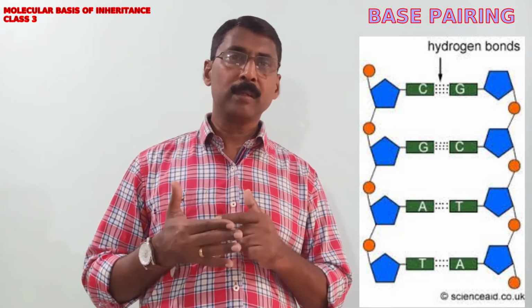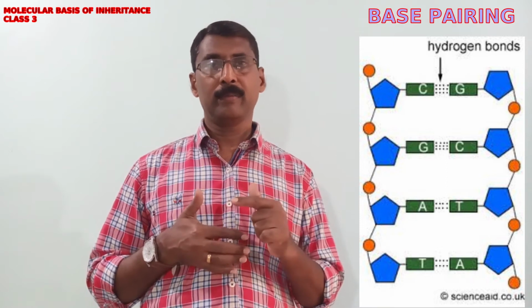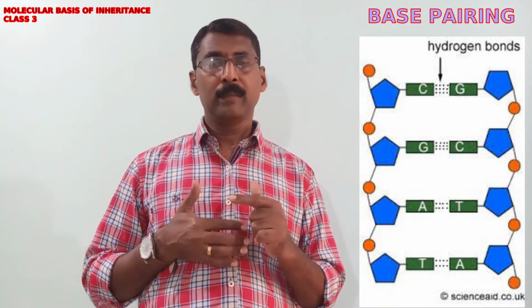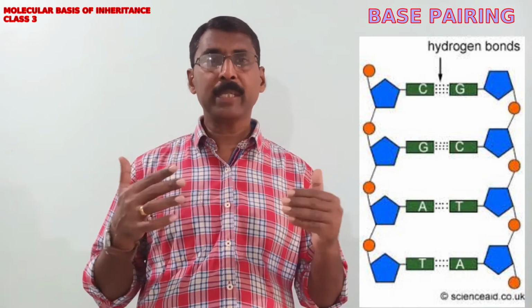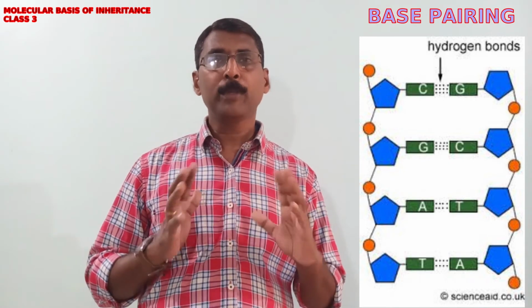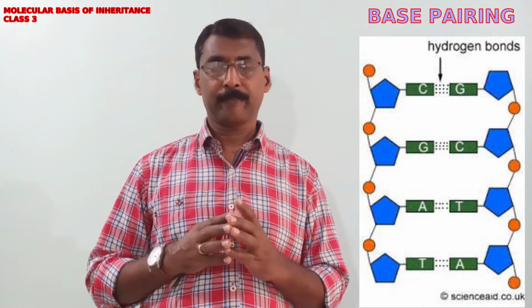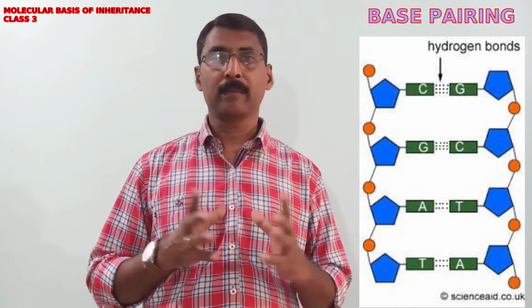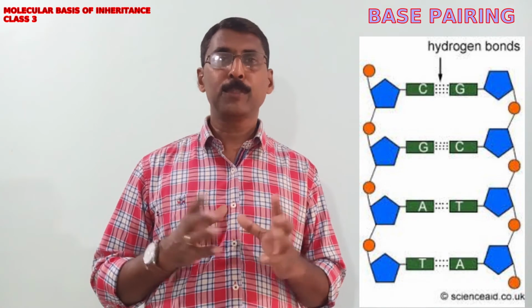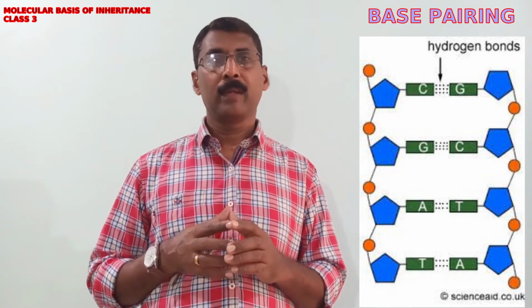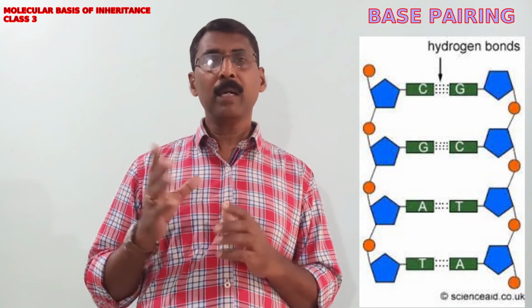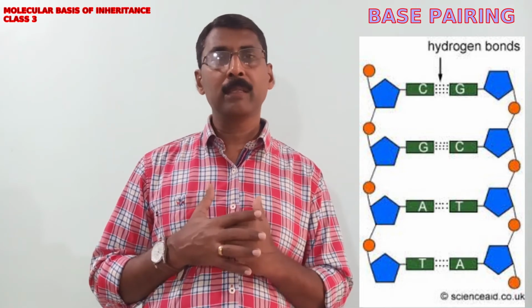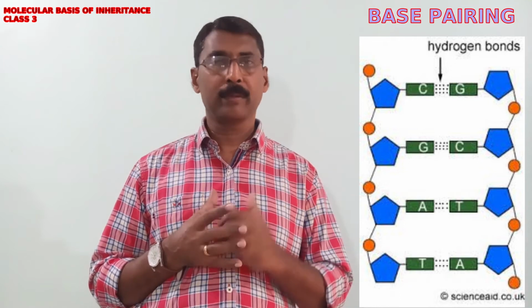And this chemical bond or connection between the nitrogen bases of the opposite nucleotides is called base pairing. And there is a rule for this base pairing. All nitrogen bases cannot pair with all nitrogen bases of the other strand.